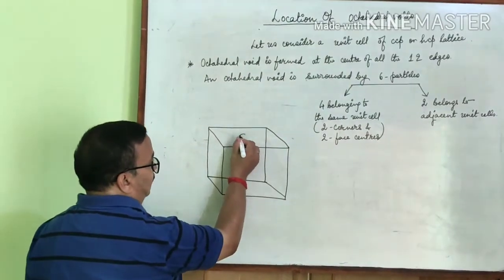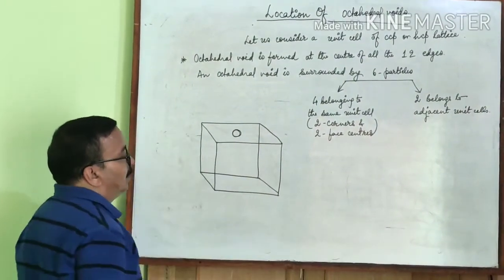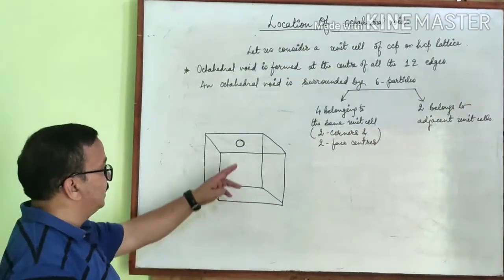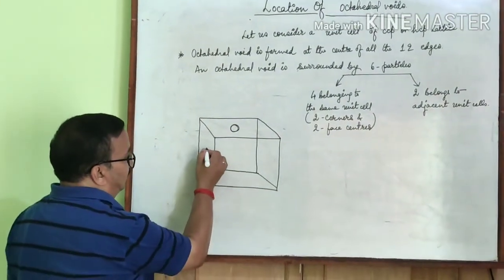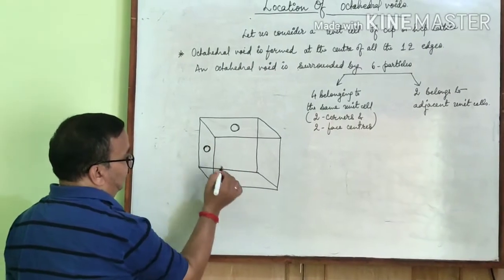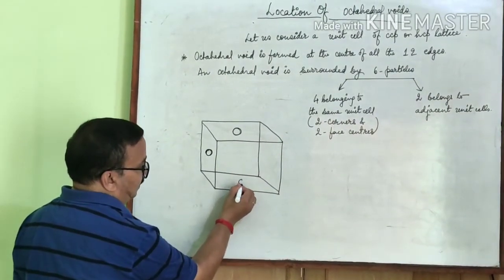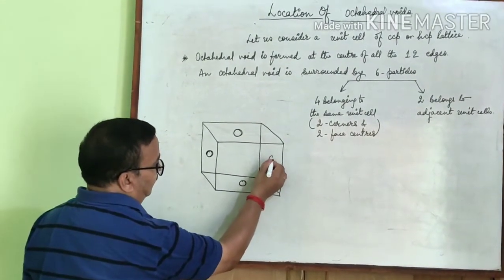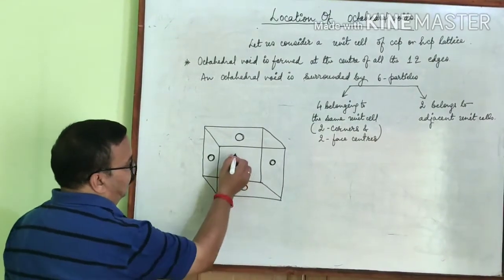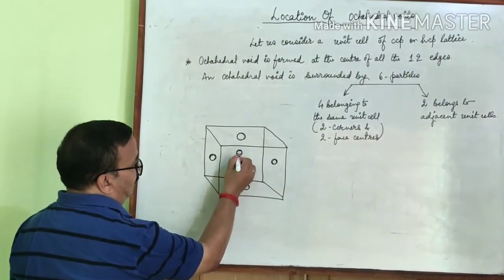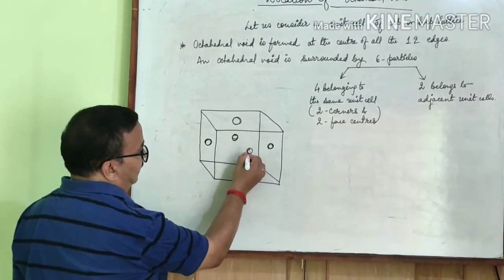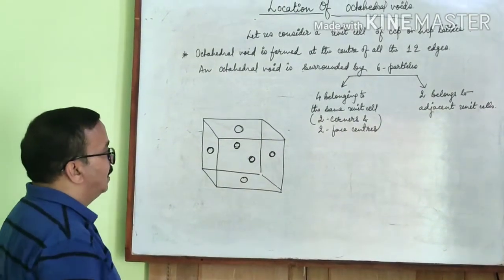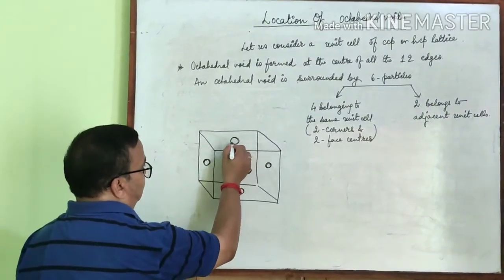So here this one is the sphere, atom, ion or molecule present at the upper face. Similarly, on all the faces, we show particles at the center. This one is present at the center of the back face, and this one is present at the center of the front face.